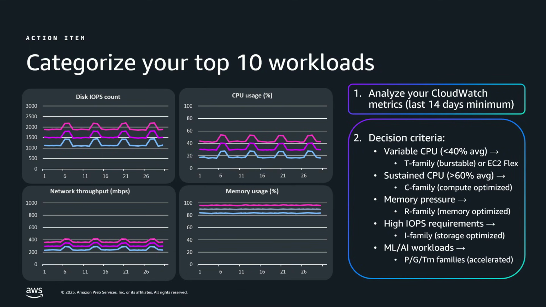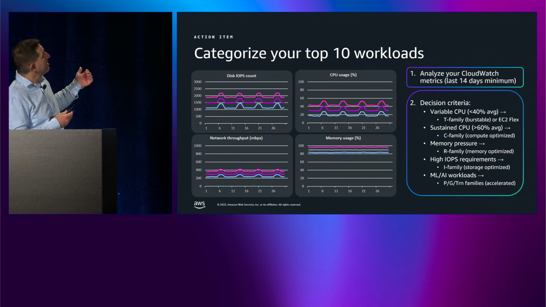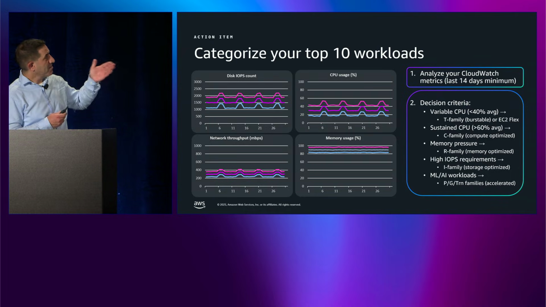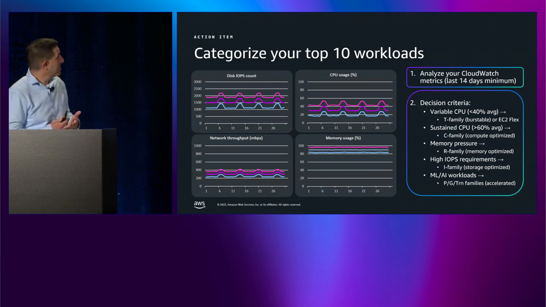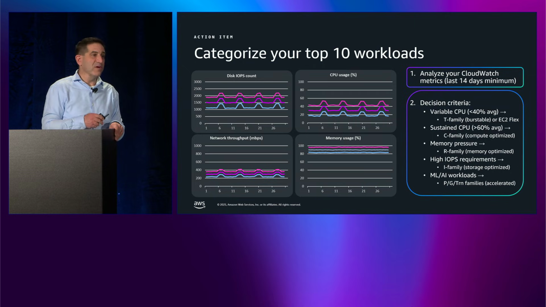Okay, so one thing that I really see customers missing is categorizing their workloads and using something like CloudWatch or whatnot to track the utilization metrics for their particular workloads. And we're not talking about just the standard CPU and memory usage, but also make sure you're looking at things like disk IOP counts, network throughput, and preferably tracking your own workload metrics, right?